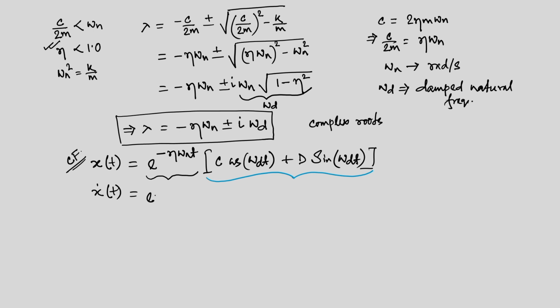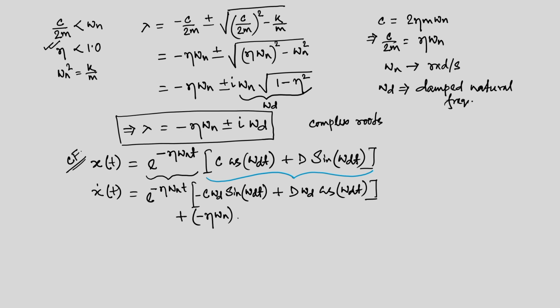In this case, we will have e to the power minus eta omega n t, then c cos omega d t; if we differentiate that, we will have minus omega d sin omega d t, plus d omega d cos omega d t, plus minus eta omega n e to the power minus eta omega n t, then c cos omega d t plus d sin omega d t.